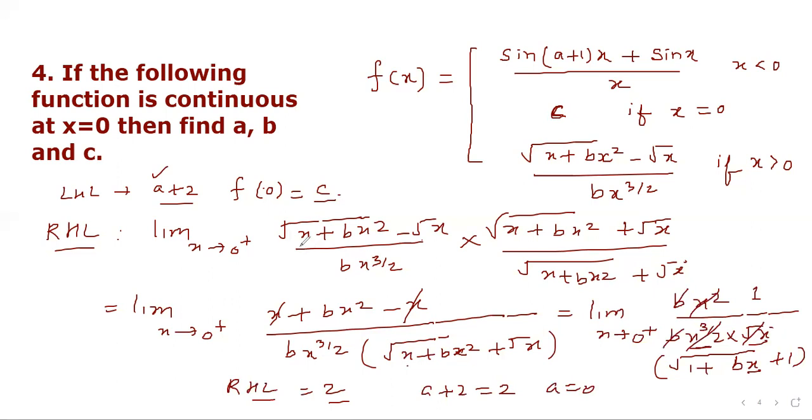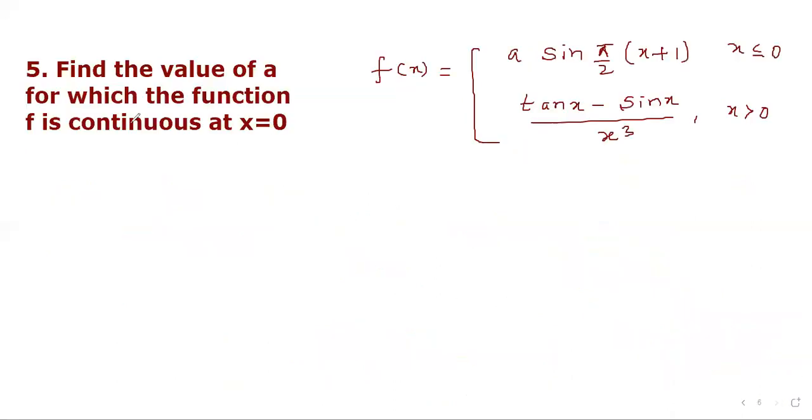And then from here, LHL equal to RHL equal to value of function. Since LHL is a plus 2, but RHL is 2, we can say that C is also 2. And B is not occurring in our calculation. It means we can have any arbitrary value.